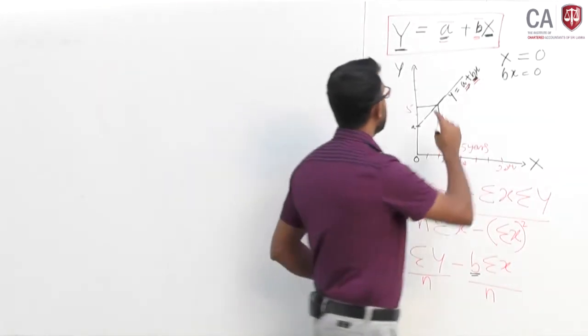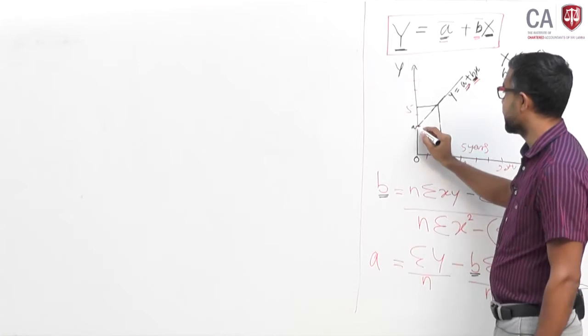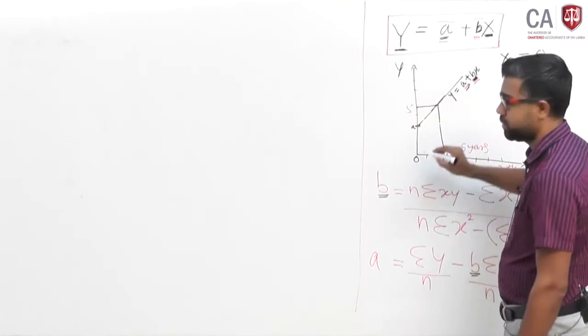So from these two equations you can figure out a and b. First we need to find a and b. a is the value here, and b is the slope, the regression.